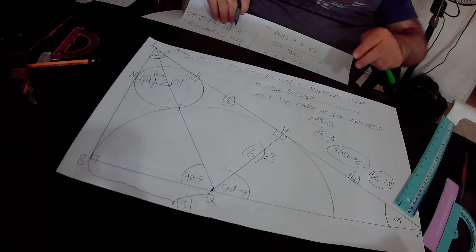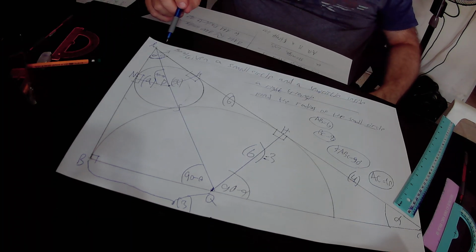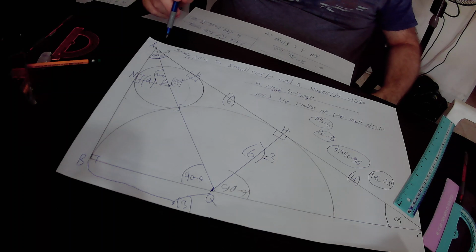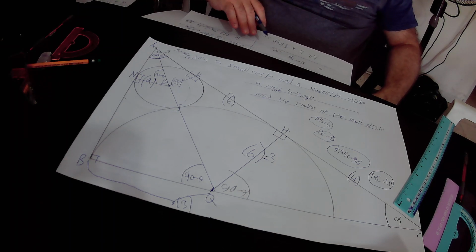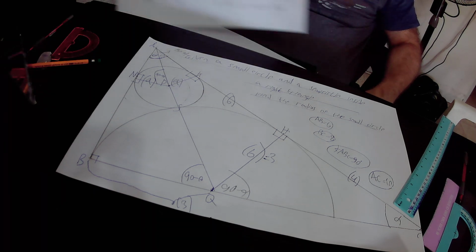And for the fact that the big right triangle ABQ is similar to the small right triangle ANP, we will derive that the following relationship exists between their sides.